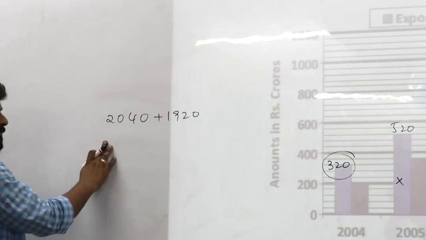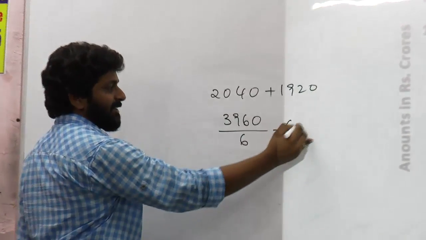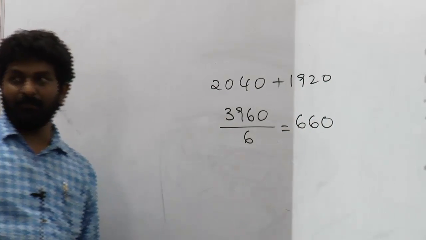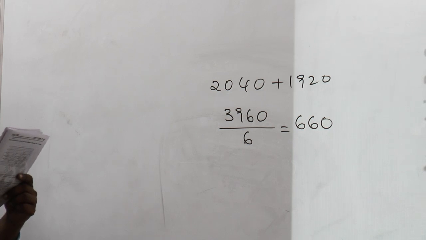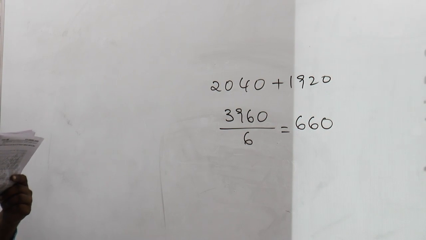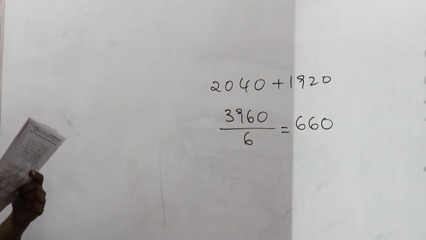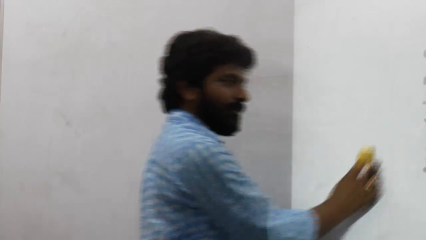So let me add 1920 to this number. So that becomes 3960 because you're asked about average, divided by 6. 660. Net export, what is the average? Fine. Net export. Yes.